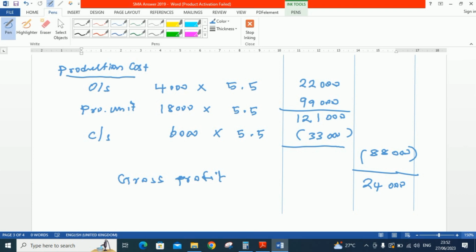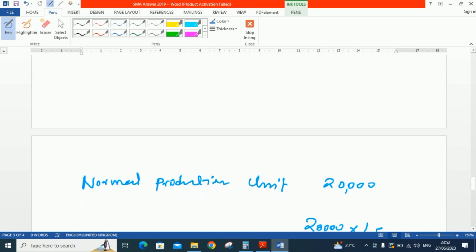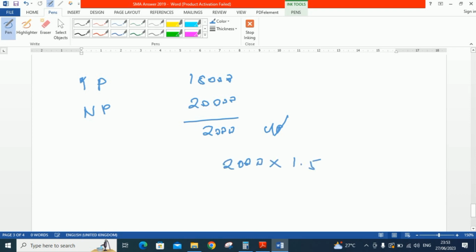And we need to adjust over absorption or under absorption. In this year 2, the total production is 18,000 and normal production level 20,000. So 2,000 units is under production. So 2,000 into 1.5 is under absorption, so it's equal to 3,000. 3,000 is under absorption.